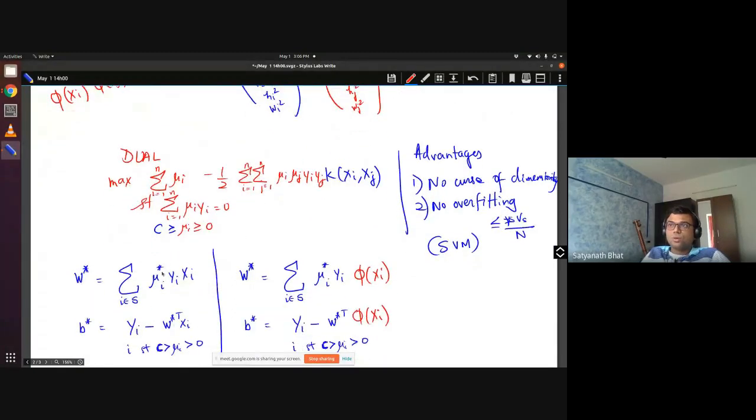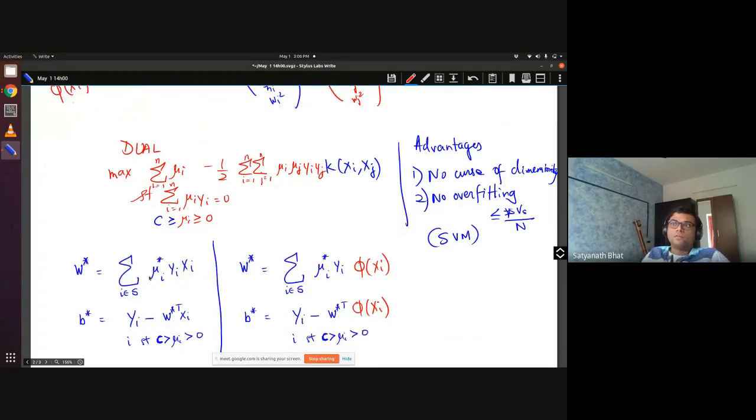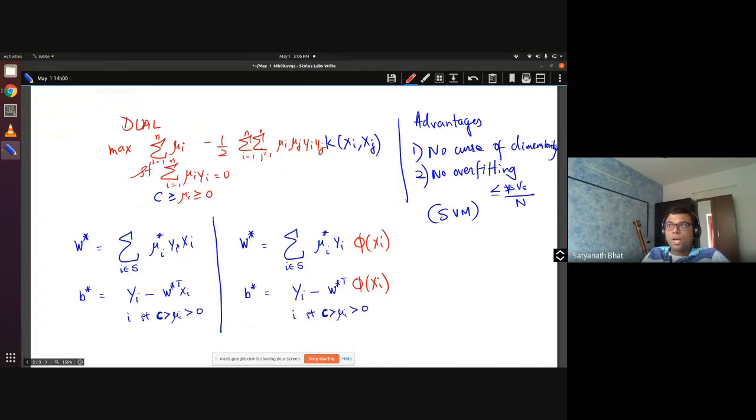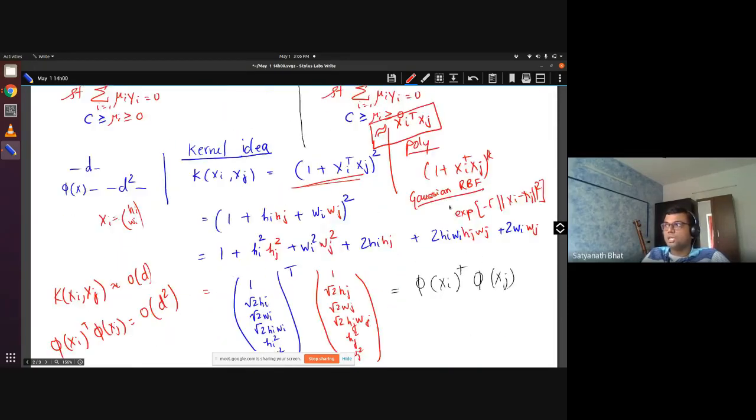Now there is one other half of the story that you should also pay attention to. When you want to deploy it, you have to compute W star, B star. So here phi of xi will again come, which is a problem, because phi of xi could be an infinite dimensional representation. If you take Gaussian RBF, it's actually going to infinite dimensions.